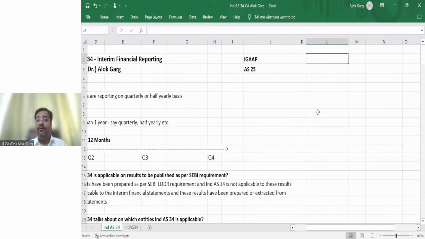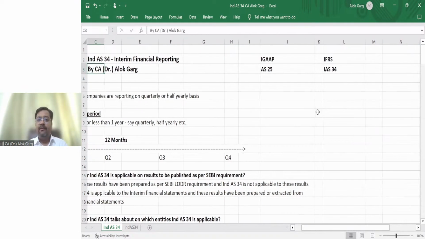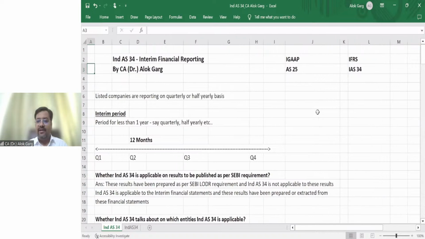If we have opted for the IFRS paper, what is the standard? We know that in IFRS, it is IAS 34, International Accounting Standard 34, right? Is that clear? In IGAAP, we have already read AS 25. In IFRS, it is IAS 34. I hope it is clear to all of you.